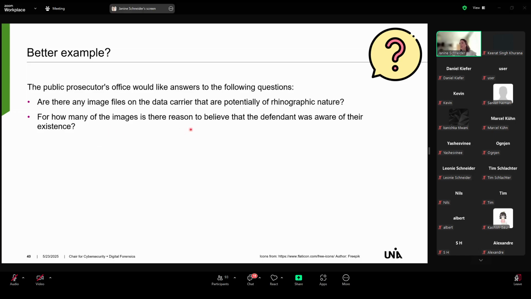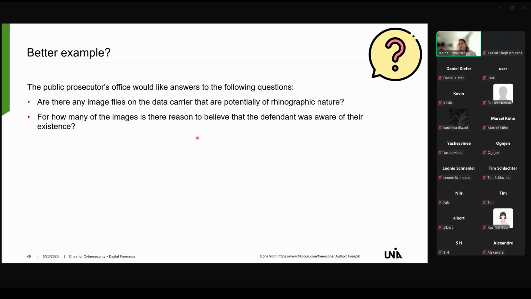You can say there are pictures on the device, and the pictures are in the user folder with the name of the defendant. But you cannot say, I believe the defendant was aware of the pictures. And we still have the problematic "potentially pornographic nature" thing.